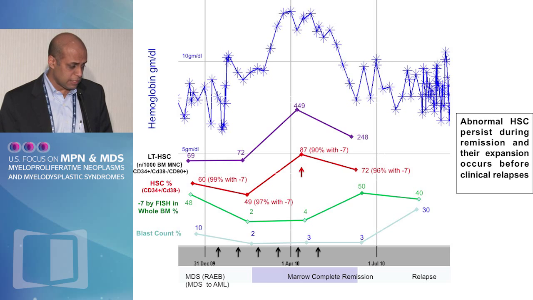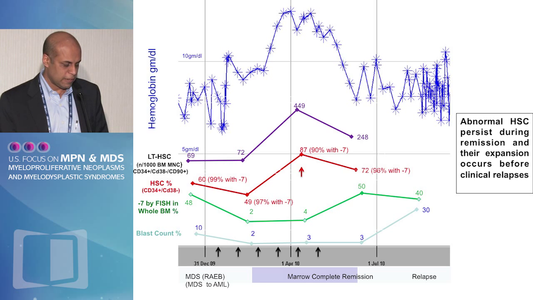Even when he's in clinical remission, 97% of his HSCs had this deletion 7. Then in the middle of his remission, the numbers of these abnormal stem cells went up. And unfortunately, 2 months down the road, he relapsed, transformed to AML, and didn't do well.